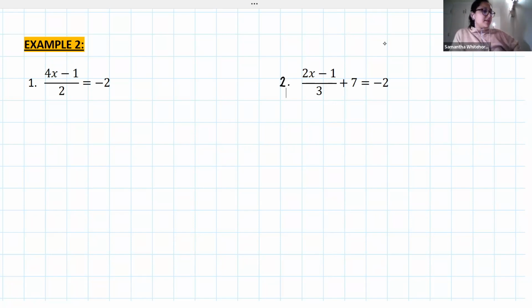Remember to number your answers and remember to check them using substitution.